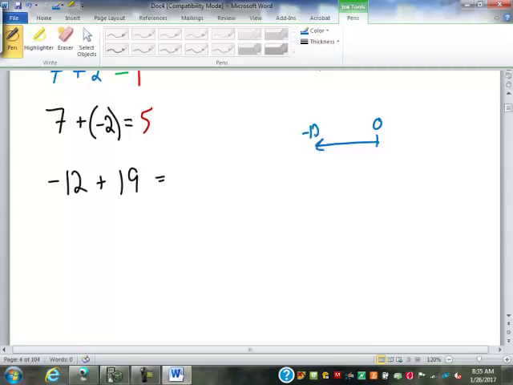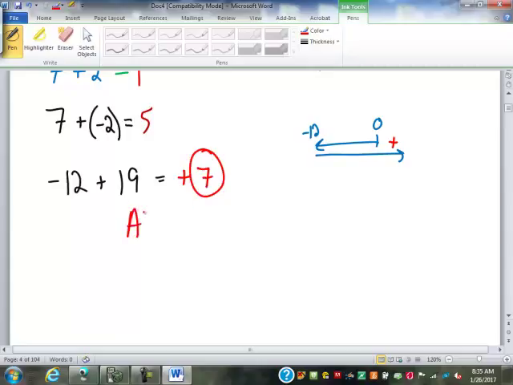That's negative 12. Plus 19, does that go the same direction or the opposite? Opposite. Is it longer or shorter? It's longer, so it goes past 0. It's into the positives. So this picture tells me two things. 1, my answer is on the positive side of 0. 2, the arrows go the opposite direction, so it's the difference in their length. The difference between 19 and 12 is 7. So it's a positive 7 is my answer.